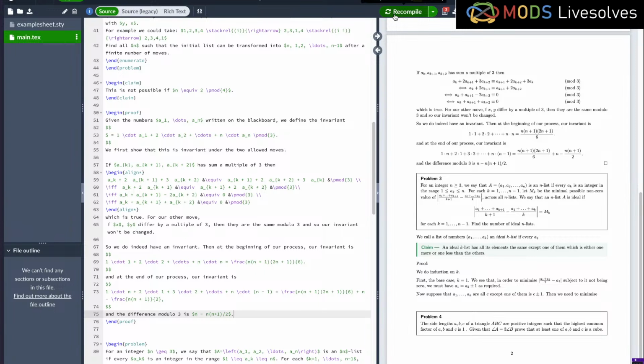This is what we want to do. Then we have to show that m is 0 or something. What way did you do it on the whiteboard?